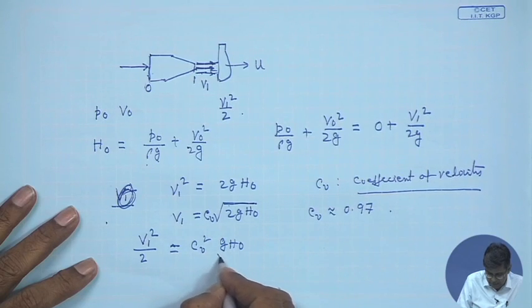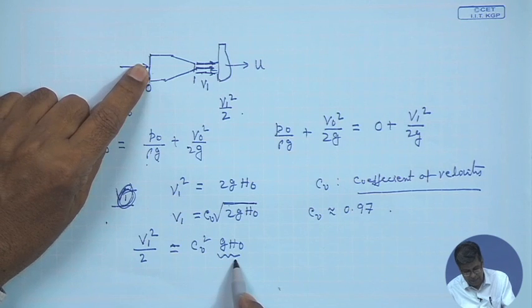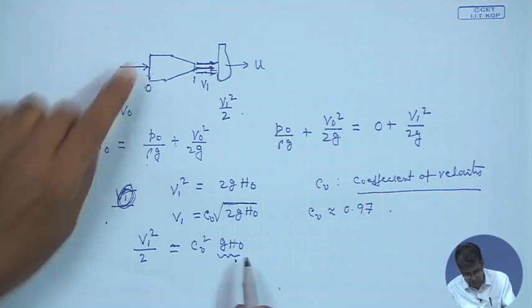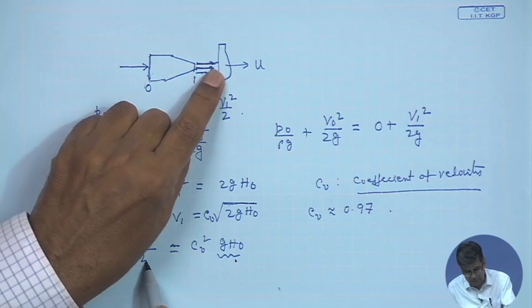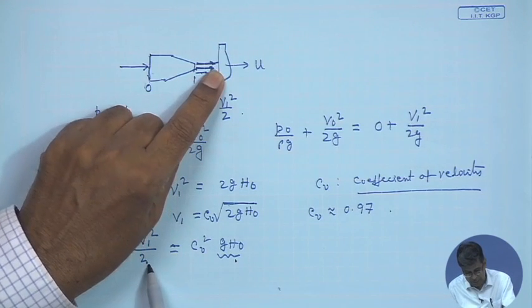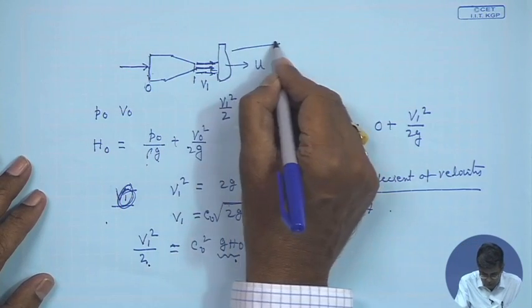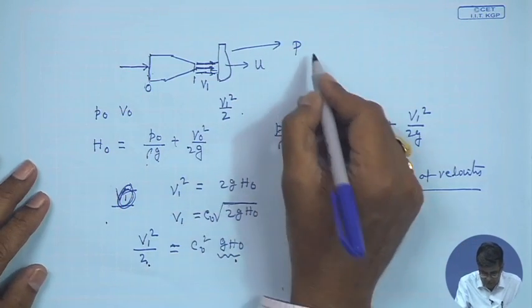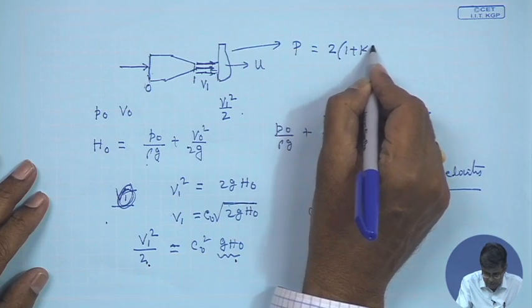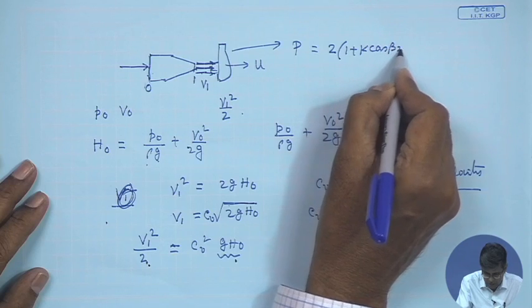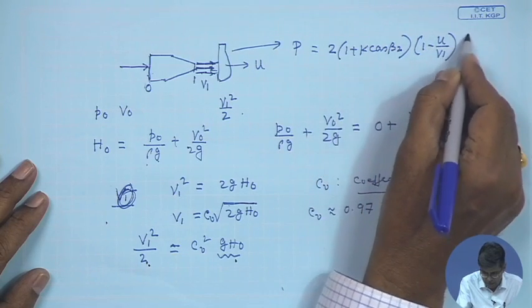That means this is the energy per unit mass at the inlet to the machine, that is inlet to the stator nozzle, and this is the energy per unit mass at inlet to the rotor, which has been taken as the input energy in defining the wheel efficiency, while the rotor developed power is equal to 2 into 1 plus k cos beta 2 into 1 minus u by V1 into u by V1.